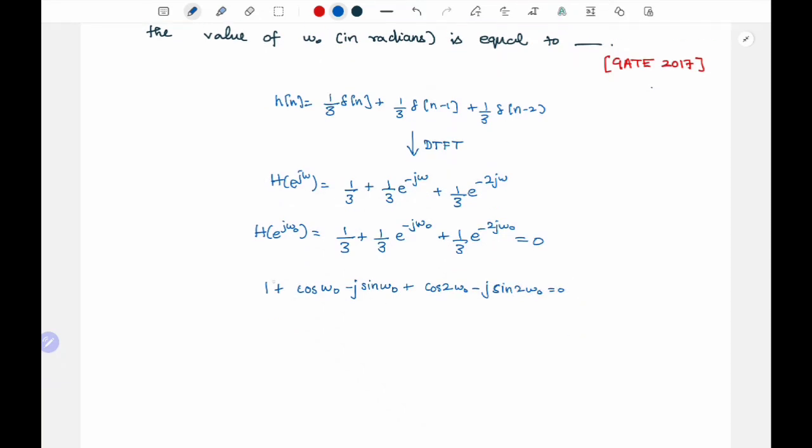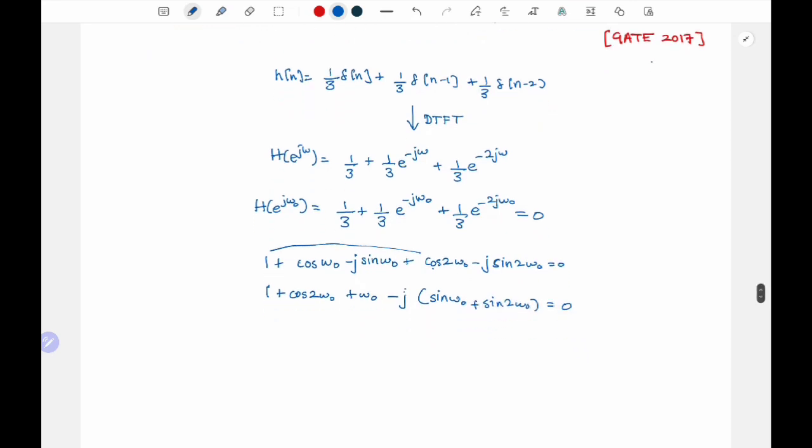So again, if I group 1 and cos 2 omega naught, plus cos omega naught minus j into sine omega naught plus sine 2 omega naught equal to 0.